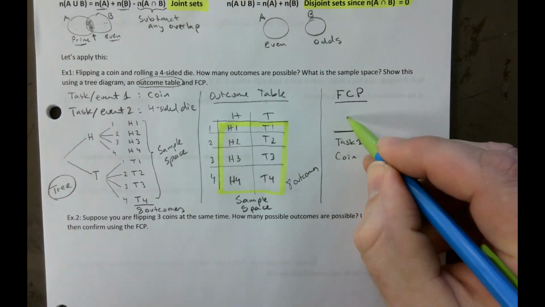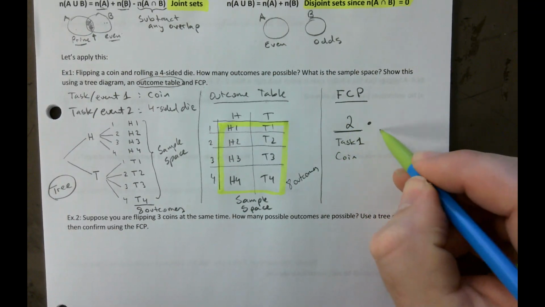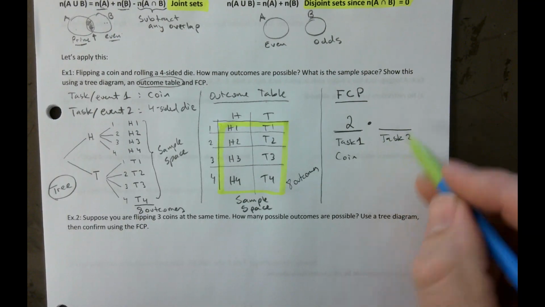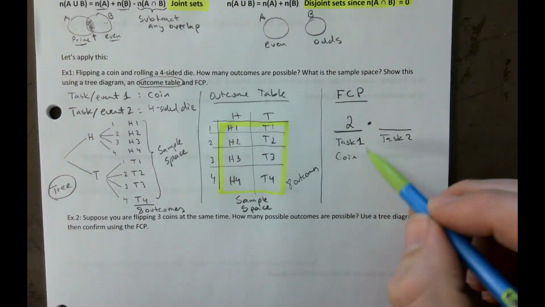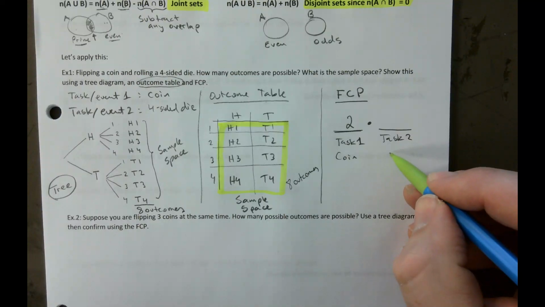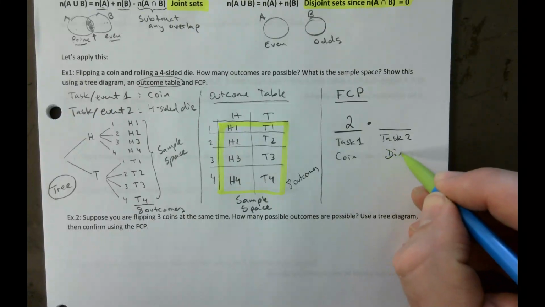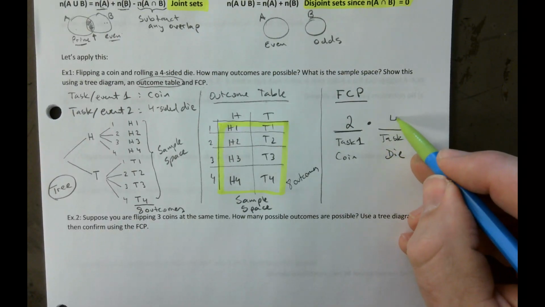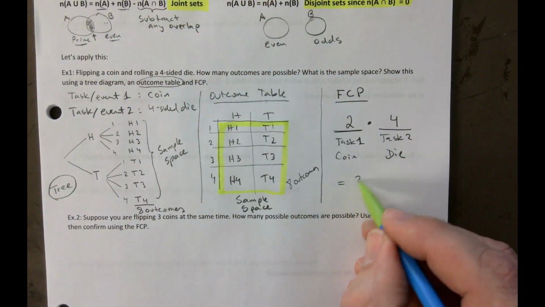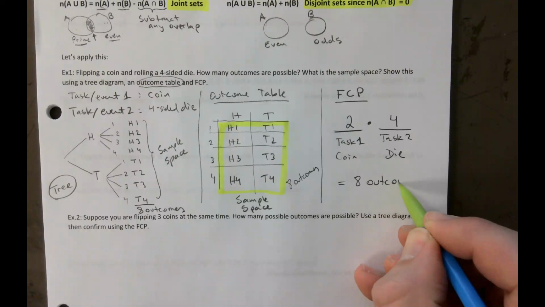There's only 2 possible outcomes. And task 2, even this is overkill. You wouldn't have to do all of this if I asked you this on a quiz or test. This would be your die, right? And because it's a 4-sided die, there are 4 outcomes. Therefore, 8 outcomes.